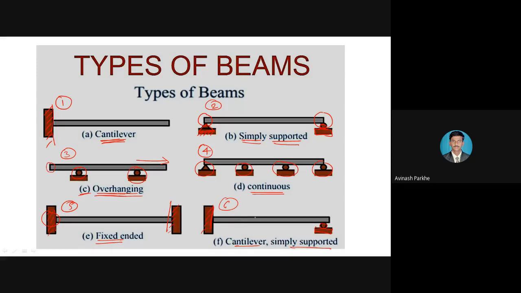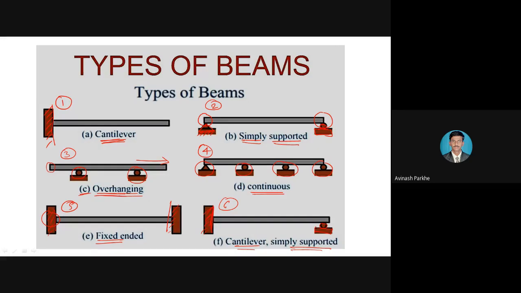Because in a cantilever one end is fixed, which is given at the left side, so a fixed support is there. But at the right side, the roller support is there, given at the free end. Therefore, this particular beam is called a cantilever simply supported beam.